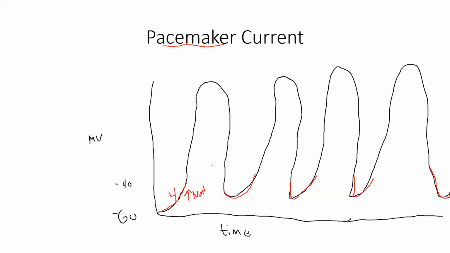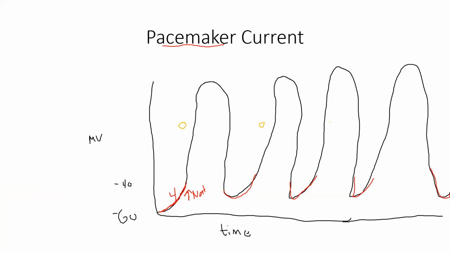However, with pacemaker cells, sodium channels open when they get more negative. And that's kind of funny because it's the exact opposite. Hence they're also commonly referred to as funny channels, or pacemaker potential channels. So sodium rushes in to threshold, and then we go to phase 0.